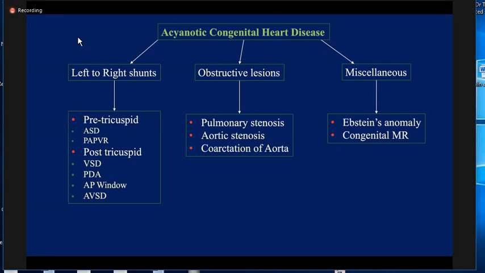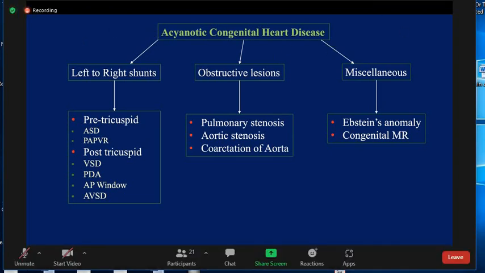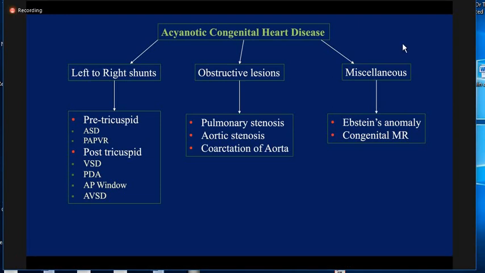Development of pulmonary hypertension is somewhat lesser compared to the post-tricuspid shunt, and prognosis is very good in pretricuspid shunt compared to the post-tricuspid shunt. The treatment is generally elective in the case of pretricuspid, whereas for post-tricuspid, the treatments are much earlier. So these are the precisely important reasons why we should differentiate pretricuspid and post-tricuspid shunts.